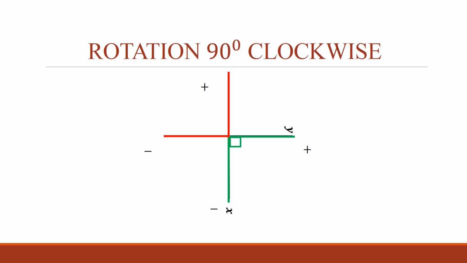You will observe that on the x-axis, after performing rotation 90 degrees clockwise, the x-axis produces the y value, and this y value appears on the positive side of the x-axis. The y-axis also produces an x value, and this x value appears on the negative side of the y-axis.